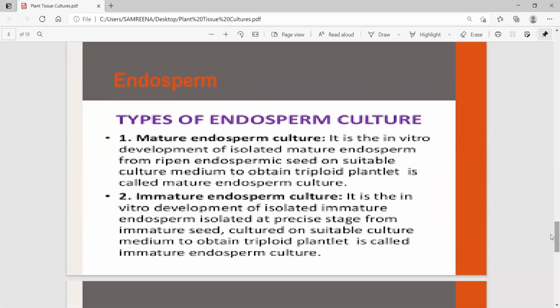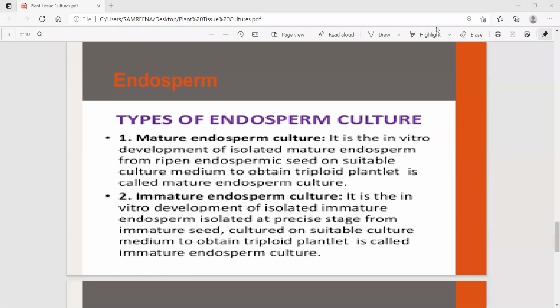Now another culture is our endosperm culture. What is endosperm? It's a tissue which is present inside most of the seeds in case of flowering plants. जो flowering plants है, जो उनके seeds है, उनमें एक tissue होता है present, जिसको हम लोग बोलते हैं endosperm.